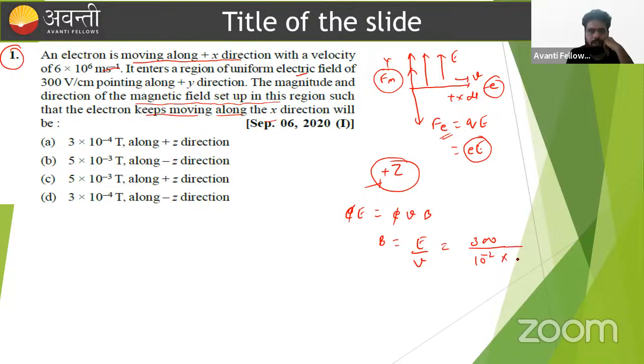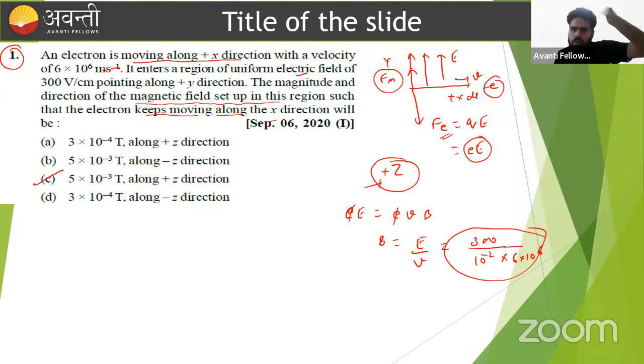The velocity given is 6 into 10 raised to power 6. If we solve this, we get the right answer, option C. What is the approach? Firstly, we decide the direction by counterbalancing the force. Then we think about the magnitude and balance those forces. I hope this is clear.